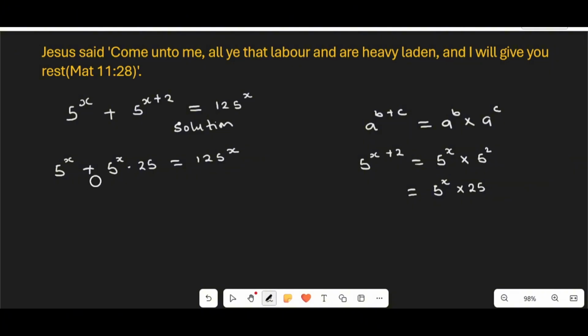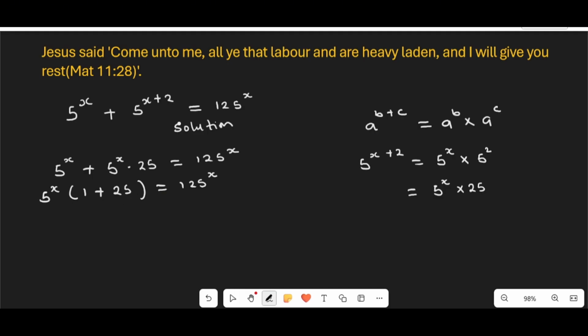In our left hand side, let us factor 5 raised to power x because it is common to both terms. So we can say 5 raised to power x bracket 1 plus 25 equal to 125 raised to power x. 1 plus 25 will give us 26.